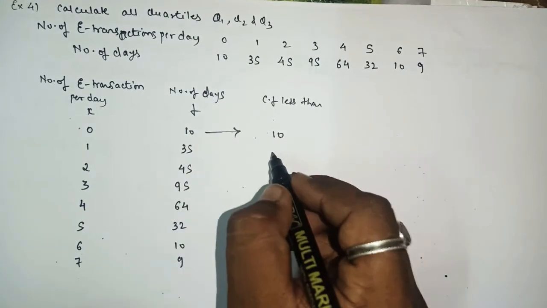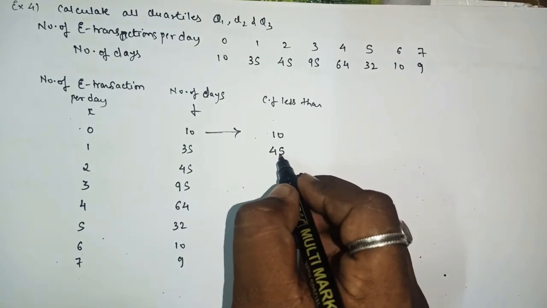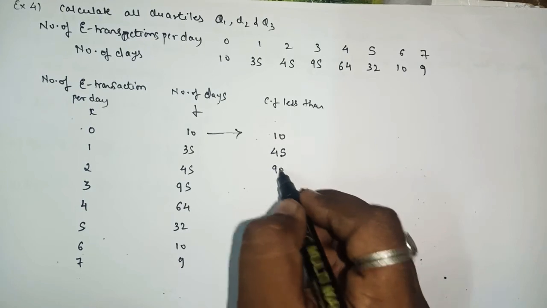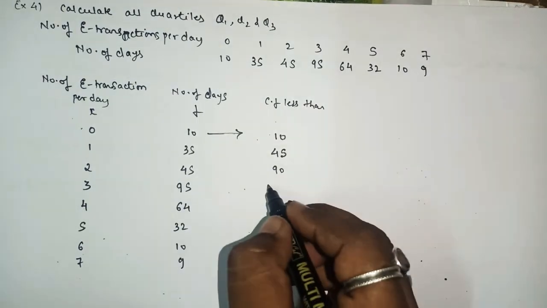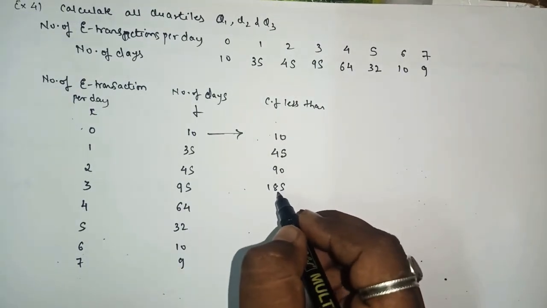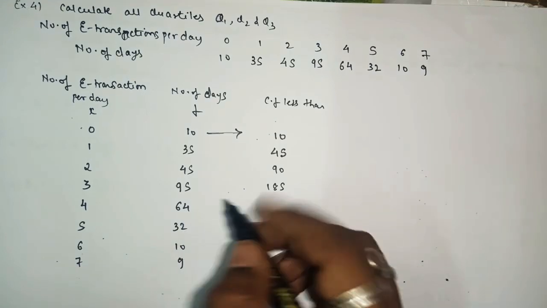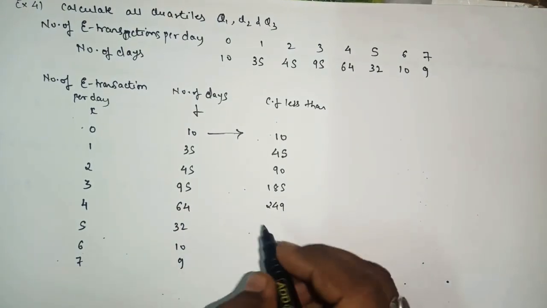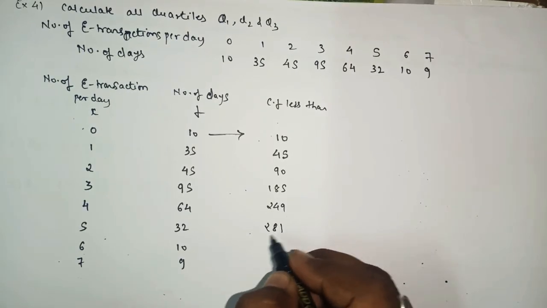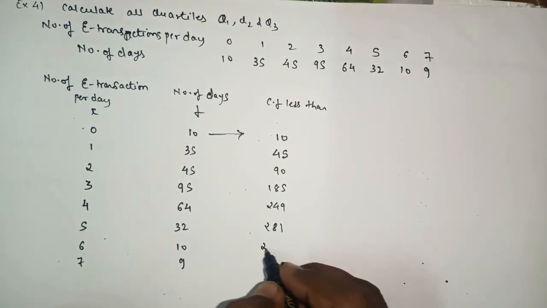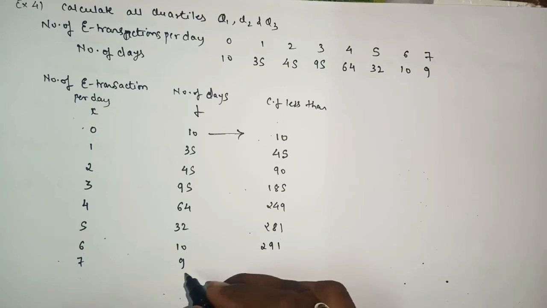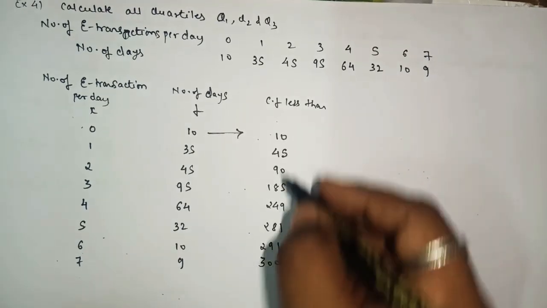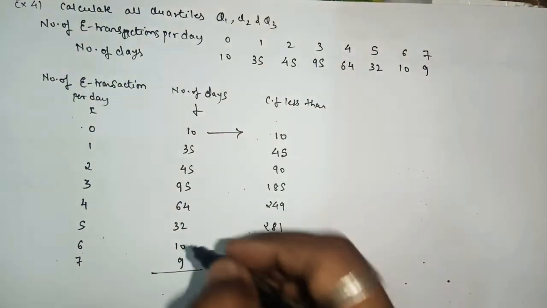So 10 plus 35 is 45, 45 plus 45 is 90, 90 plus 95 is 185, 185 plus 64 is 249, 249 plus 32 is 281, 281 plus 10 is 291, 291 plus 9 is 300.